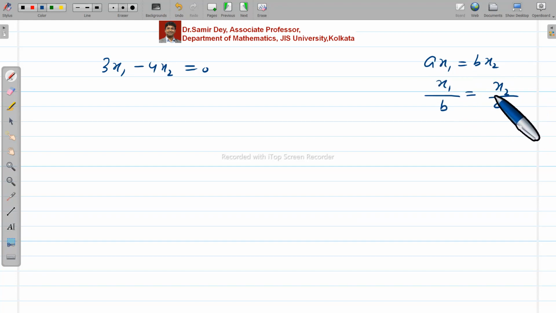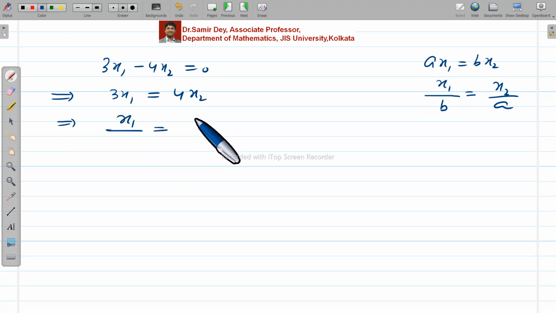We need to follow the same steps. So from here you may write 3x1 is equal to 4x2. So here you may write x1 by x2: this 4 should be here and 3 should be here.